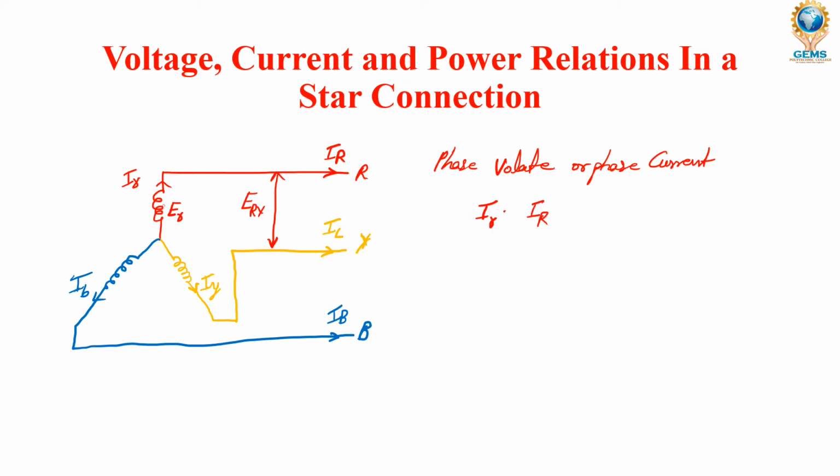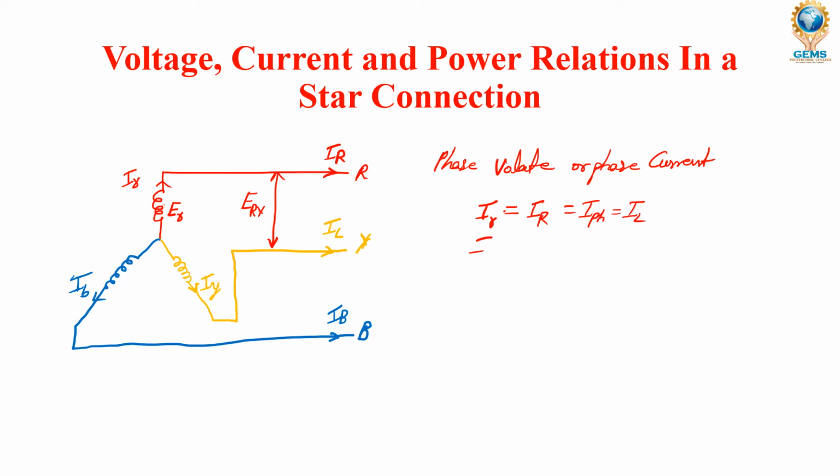These two are same because this is a single line. Ir equals I capital R. This is the phase current, and this is the line current.